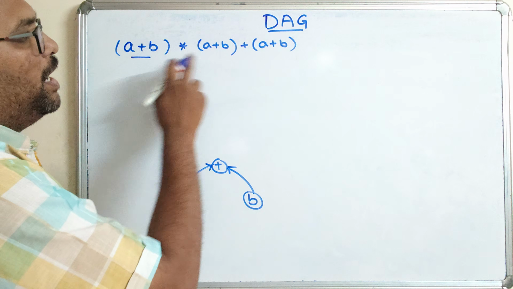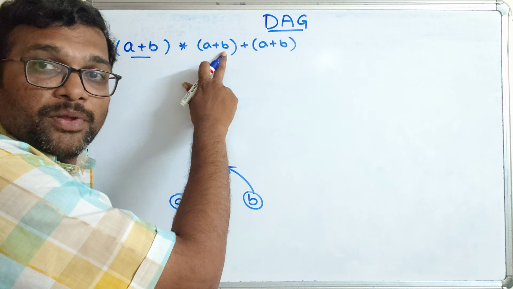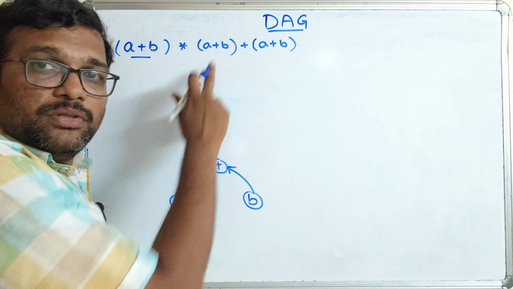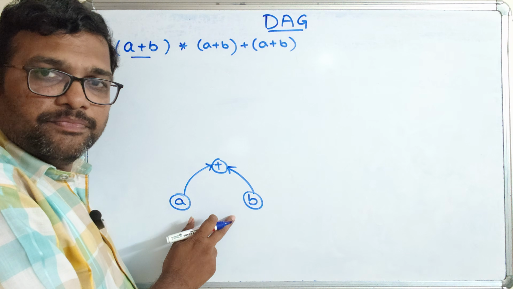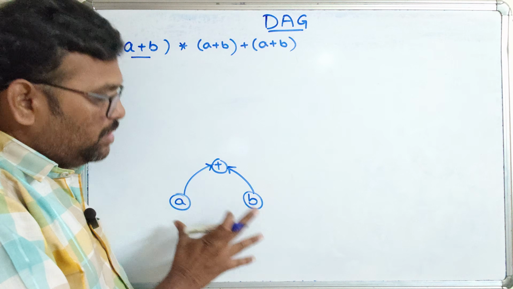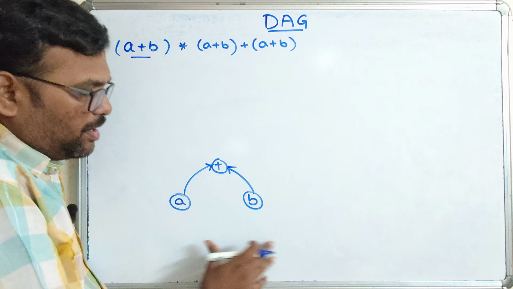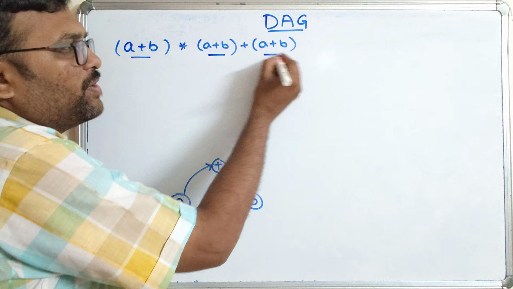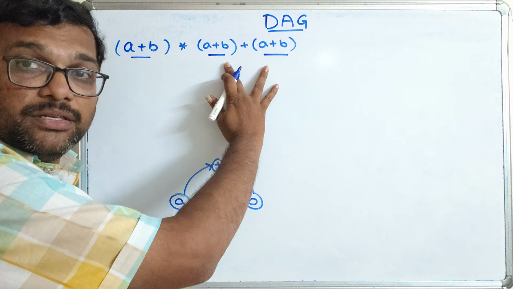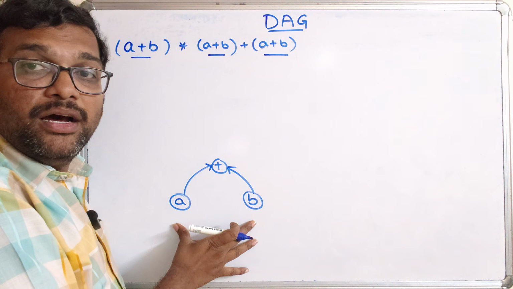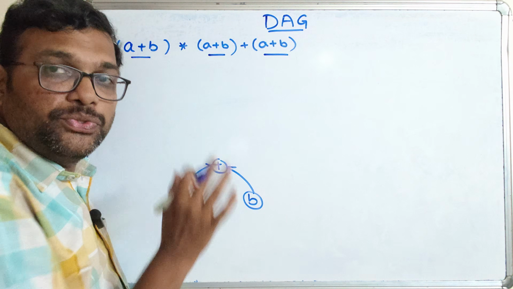So a plus b, and here once again a plus b, once again a plus b. The same values. So we need not create the nodes once again for these two expressions. The same node can be used for these two.